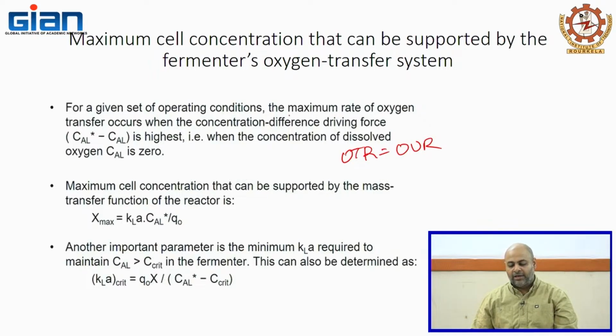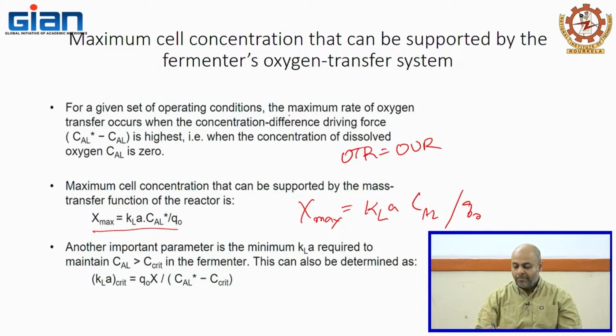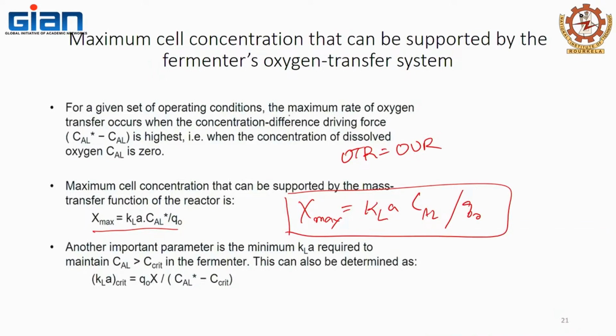So, the maximum cell concentration that can be supported by the mass transfer function of the reactor, this is the equation that is used. So, your X max, that means the maximum amount of cell that can be generated. If you know the KLa, you know the Cal star divided by Q naught, which is your specific oxygen uptake rate. Another important parameter is the minimum KLa required to maintain Cal over C critical in the fermenter. This can be determined as KLa critical is equal to QOX divided by Cal star minus C critical.